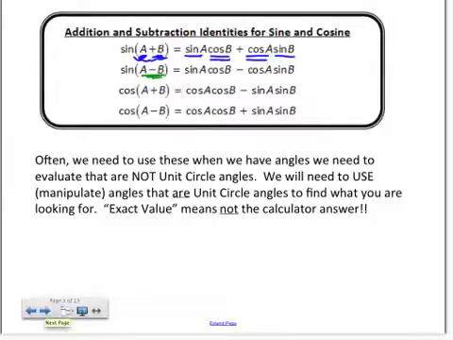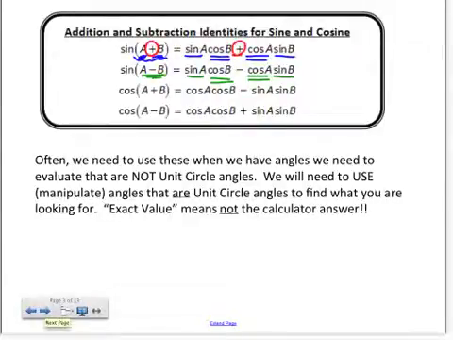Sine of A minus B would be sine of A times cosine of B minus cosine of A times sine of B. Notice that each one of these terms has a sine and a cosine, and it's the different angles. And also notice that whatever sign you have in here is the sign you have here.